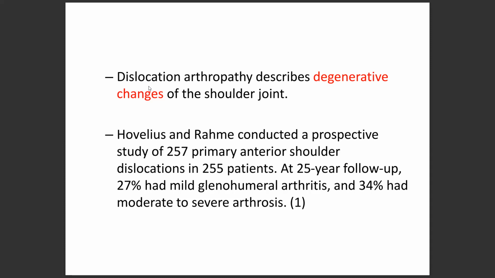These findings indicate that arthropathy, arthritic changes after instability, is not a rare phenomenon. It is nearly one-third of all cases, 27% and 34%. Another point revealed from their findings is that most of the patients presented with moderate to severe arthrosis, and fewer presented with mild glenohumeral arthritis.